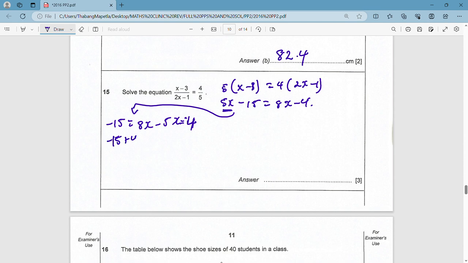Negative 15 plus 4 is equal to 8 minus 5. I think it is a 3. 8 minus 5 is 3, so we're going to have 3x. So 4 went to the other side, then it's going to have 11 over 3.